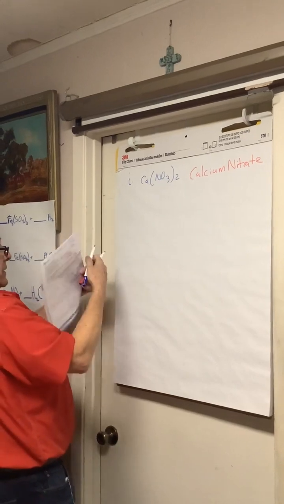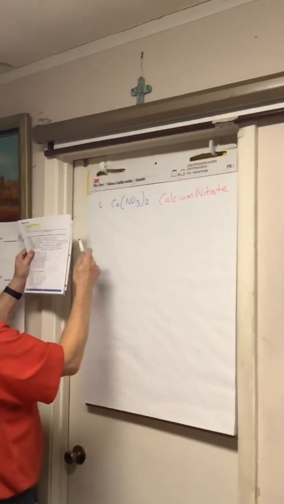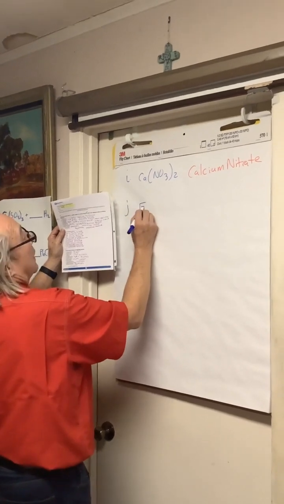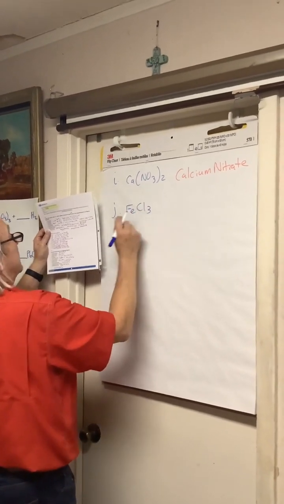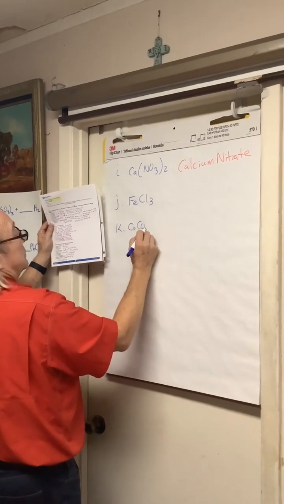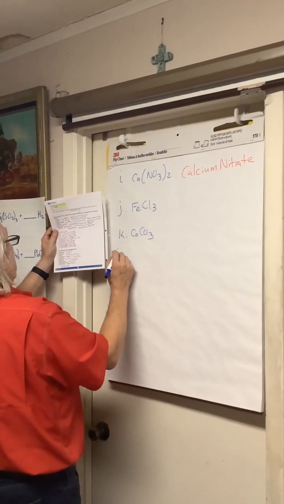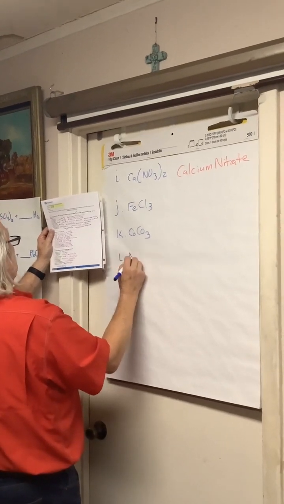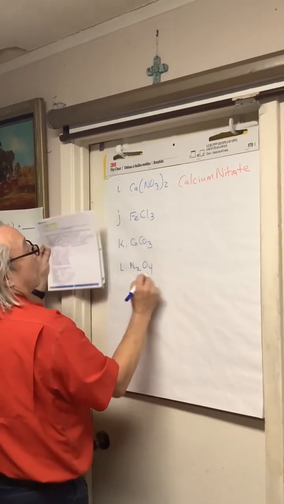And J, K, L, right? J is FeCl3. K is CoCO3. And L, little l, is N2O4.